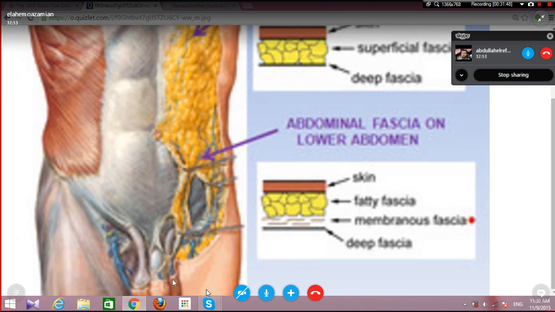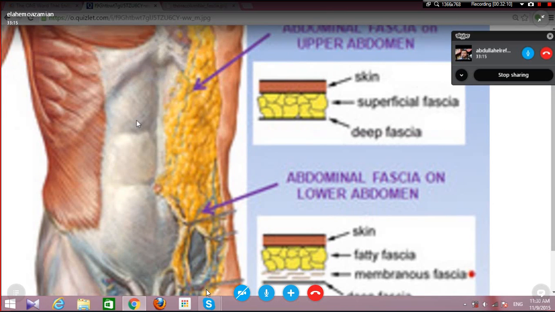This region has a perineal fascia. So the fatty part goes down also, and the membranous part, when it goes down, changes its name to perineal or coalesced fascia. Okay, clear? Let's go to the deep fascias.